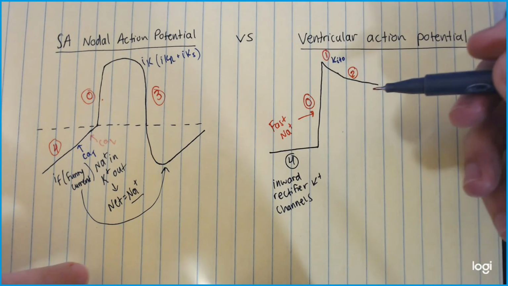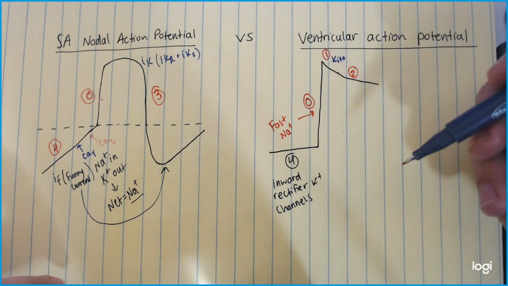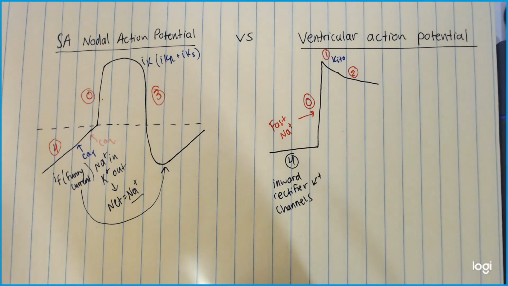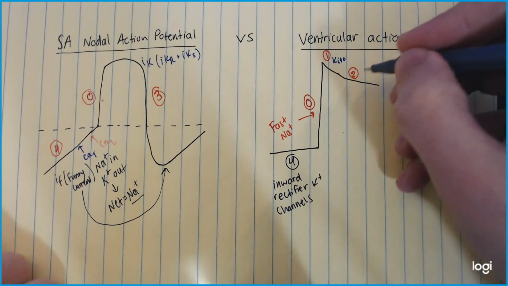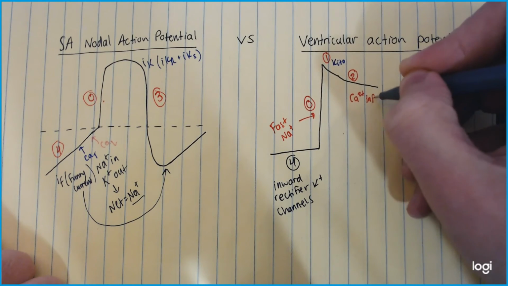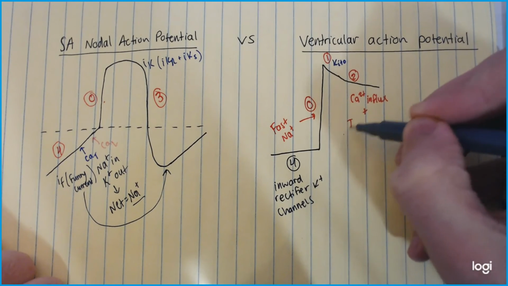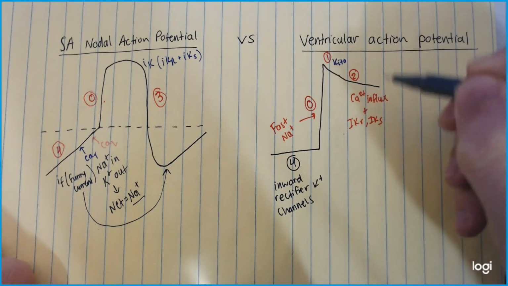So in the plateau phase, you have calcium influx, plus you have the IKR and IKS. So you have calcium influx plus IKR, IKS, right?